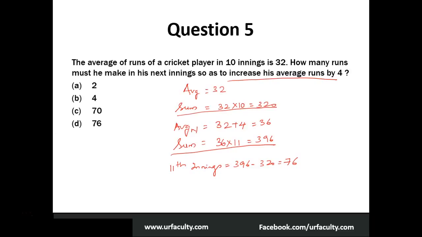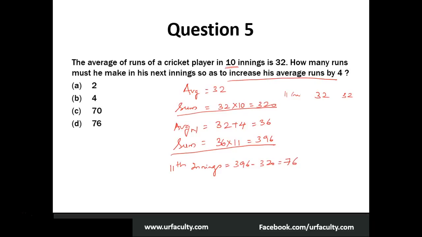Now, the other way to look at solving such problems is this. If his average has to go to 36, that 4 runs has to be distributed across these 10 innings and of course the 11th innings also. If he scores 32 in the next innings also, the average is going to be 32. Now the average has to increase by 4.